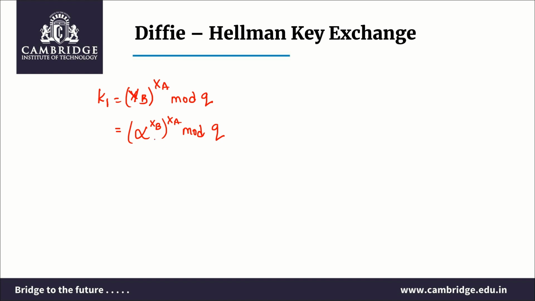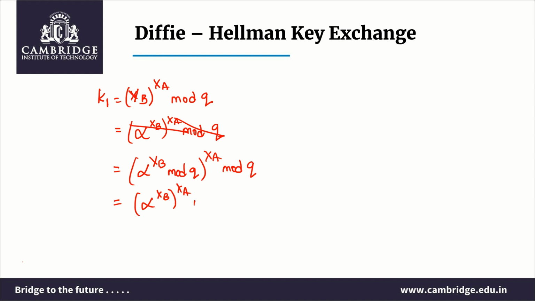So K1 is alpha power XB mod q, whole power XA, mod q. And in modulus operation, we know that we can write this as alpha power XB whole power XA mod q. That's the beauty of the modulus operation.